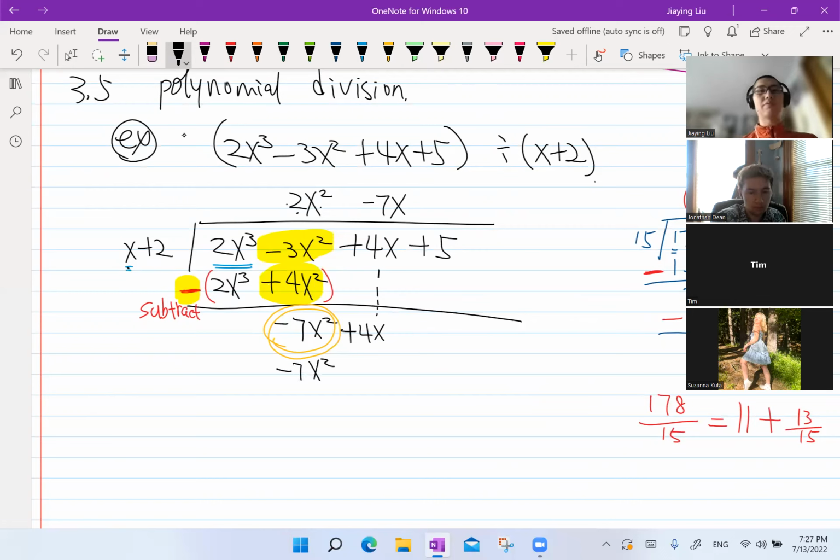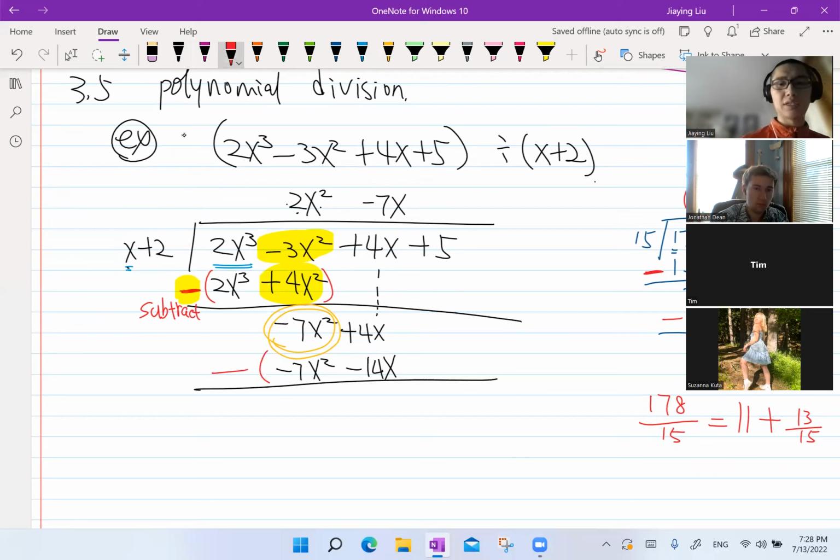And then if I take negative 7x times positive 2, I get negative 14x. Sorry, I should draw those lines. And again, just like before, I need to subtract now.